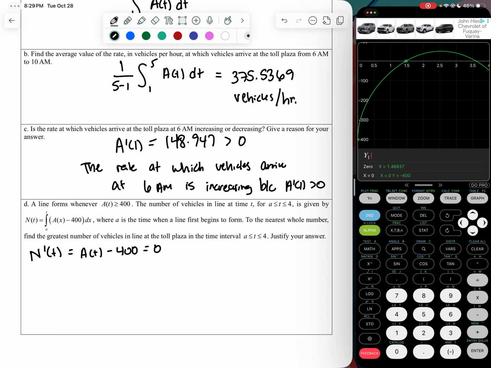Okay. My calculator automatically gave me one of the zeros. So t is equal to 1.46937. Well, in this case, that's a sub 1. And then I guess we could say a sub 2 is my other zero. So I have to figure out what that is.